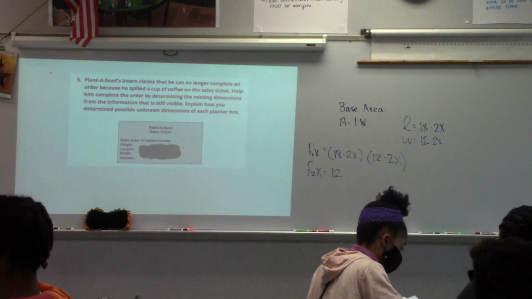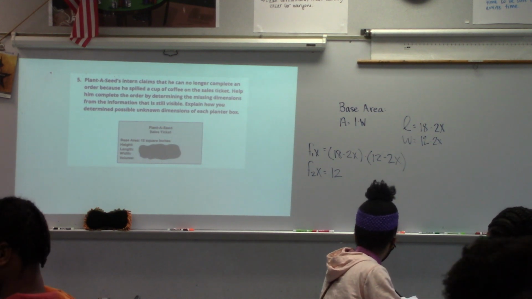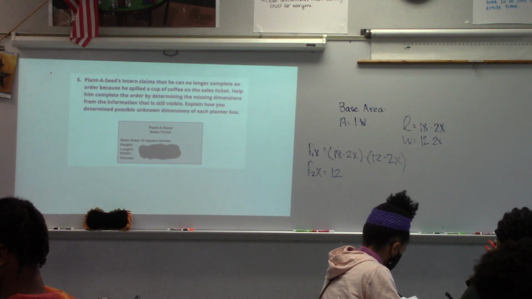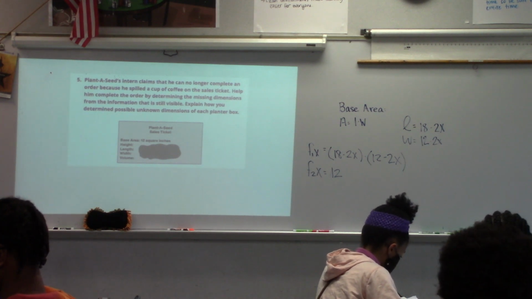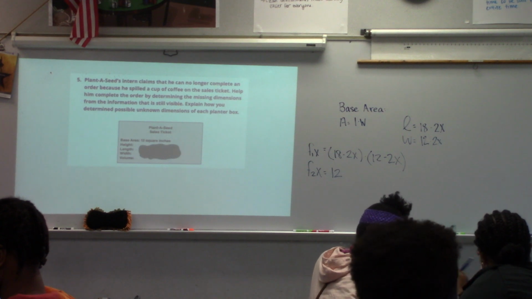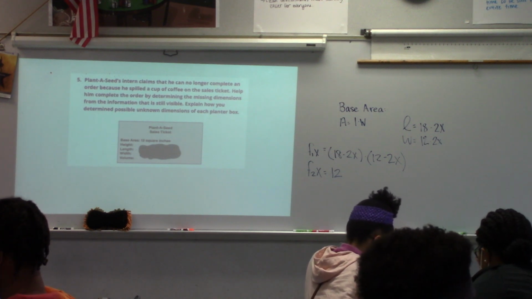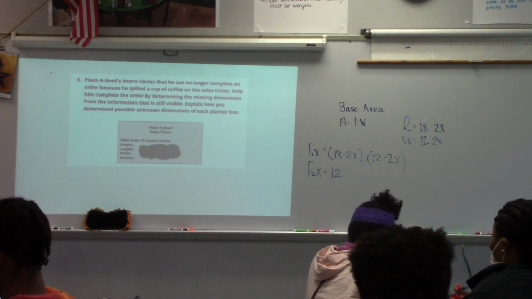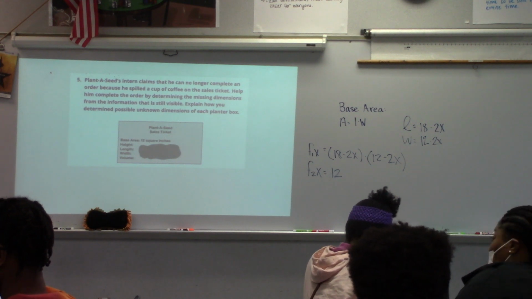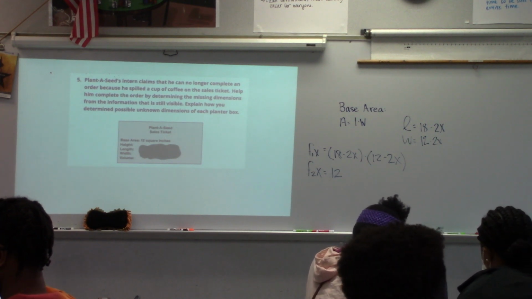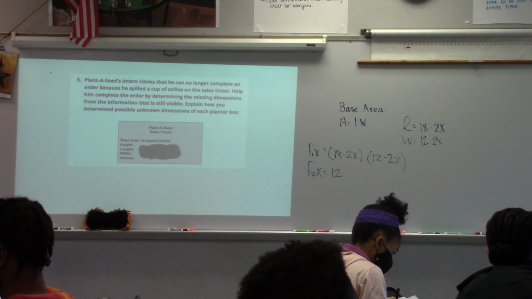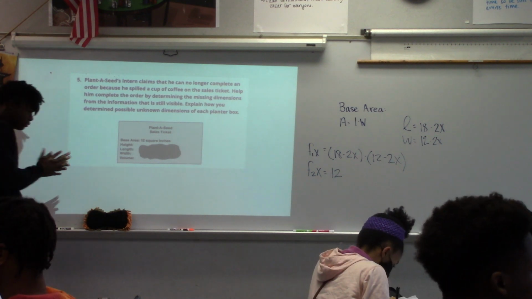So remember, we're talking about restricting the values of our height. Because if we had a height of 0, or you cut out to where the height was 6, we'd have a width of 0. And if we had a width of 0, what would our volume be? Right.